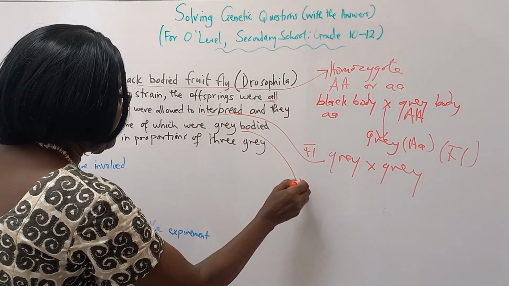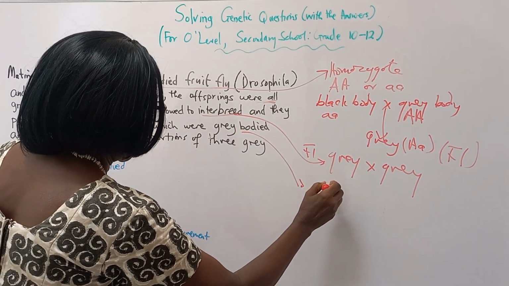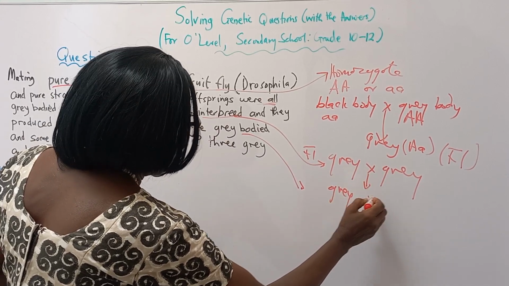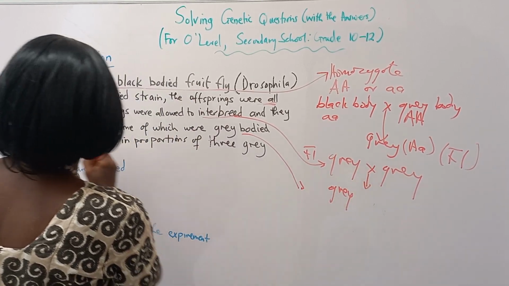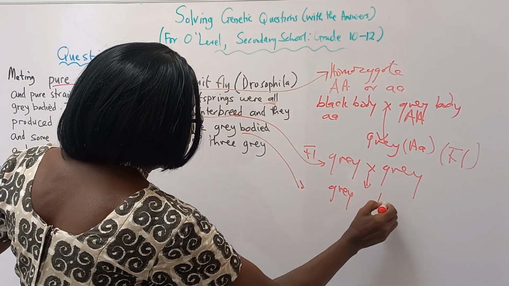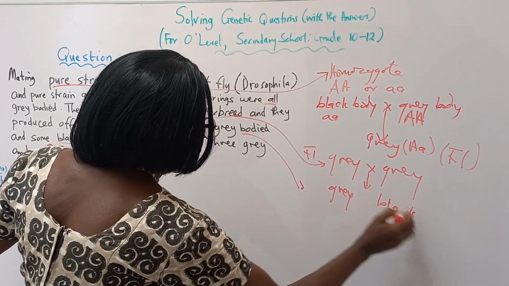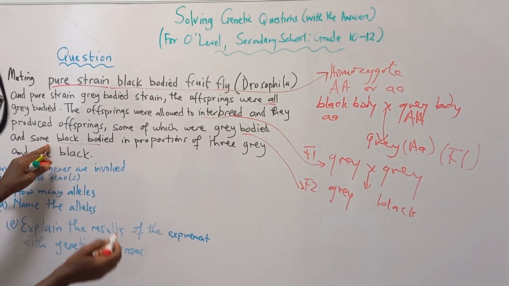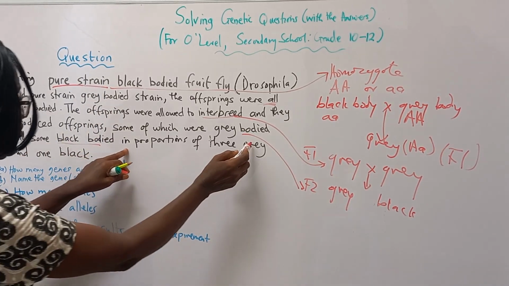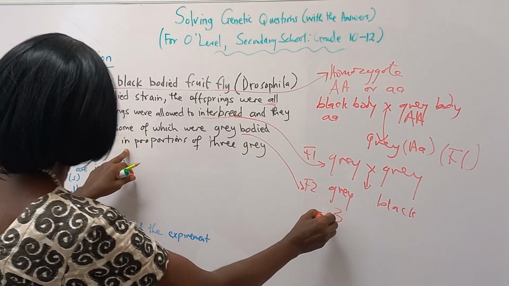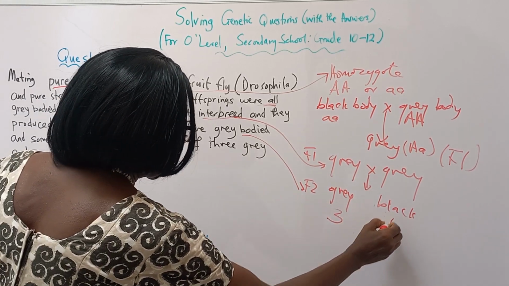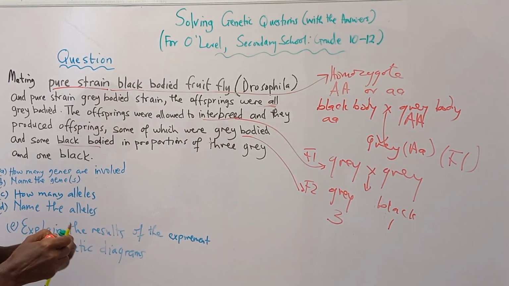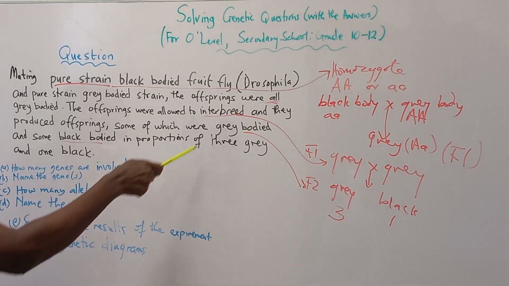So the information we have here is we have offsprings that are gray-bodied and offsprings that were black-bodied. This offspring is F2. We have gray-black, and in proportions of 3 gray, so we have 3 here, and 1 black, 1 here. This is the information that we get from this.